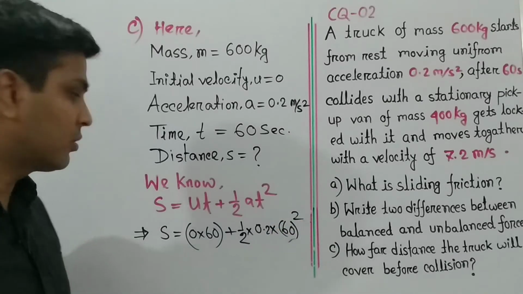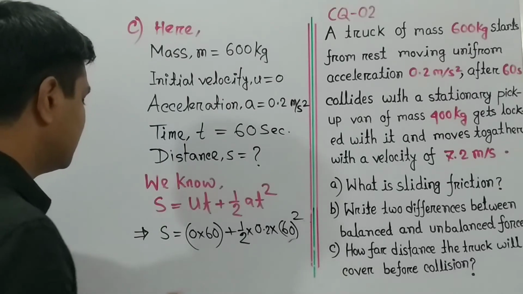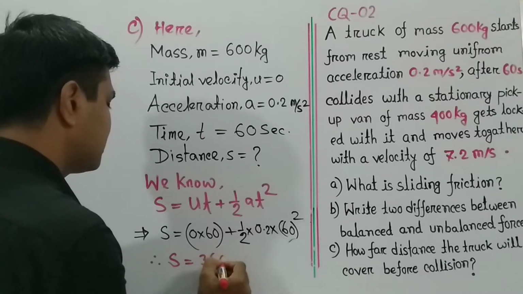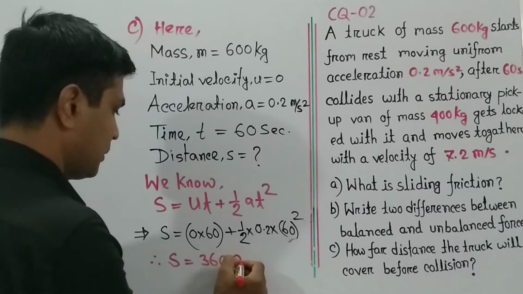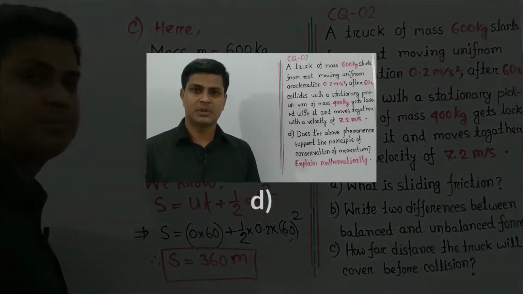After calculating that expression we will get the value of distance as 360, and you know the unit of distance is meter. This is the answer of question number C.